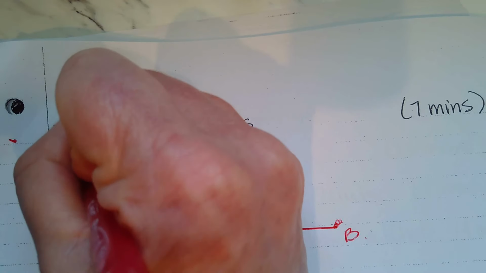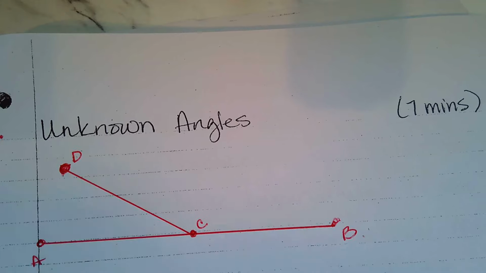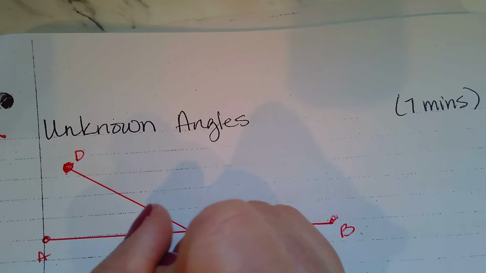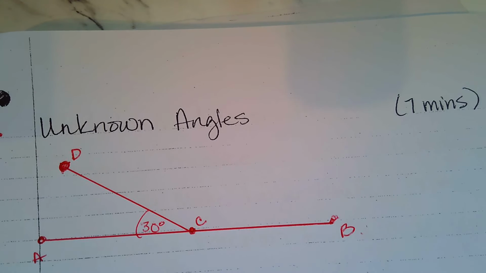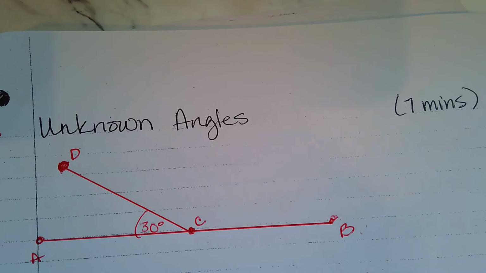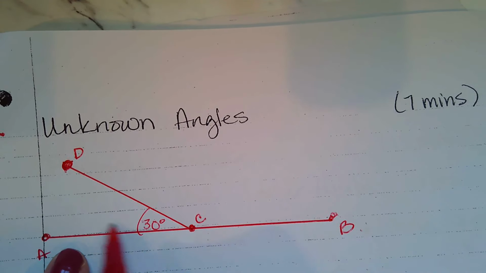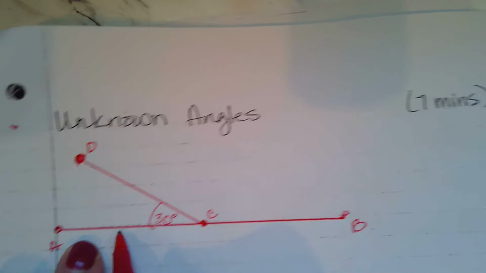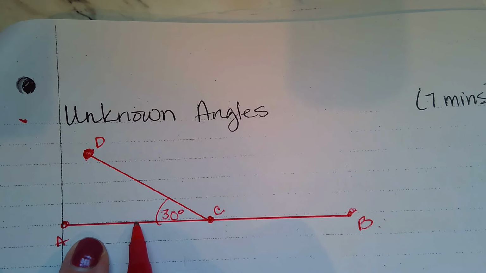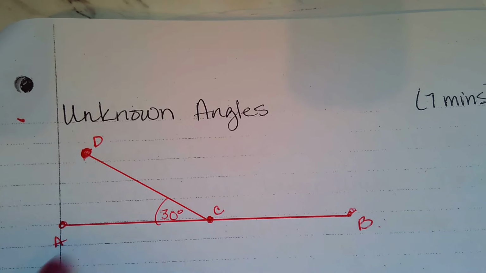Oh, and we're going to mark that as D. And we know this is 30 degrees because we just measured it. Now we're going to draw a segment symmetric to CD about, remember, this is about the line of symmetry here. And we're going to label that endpoint F.